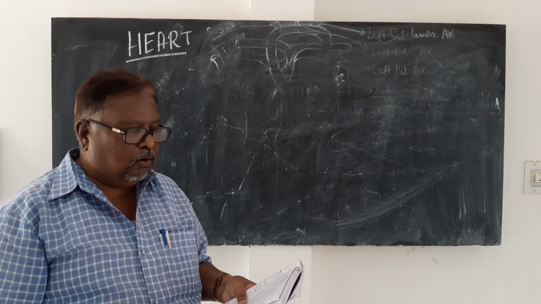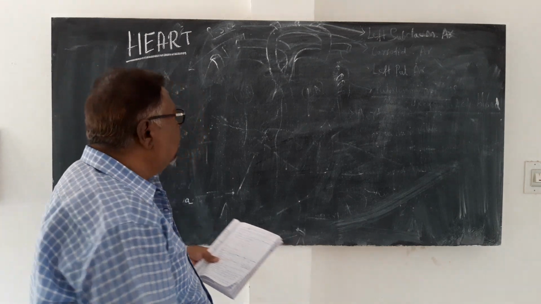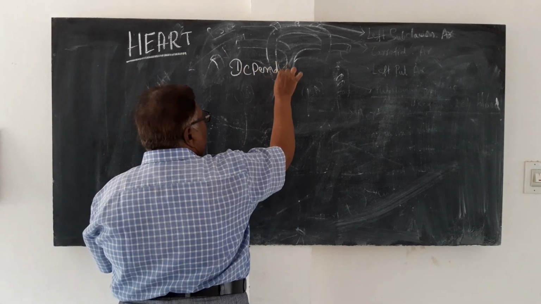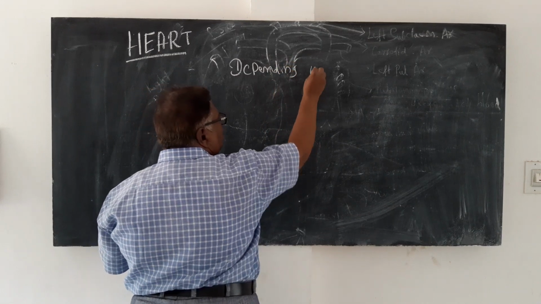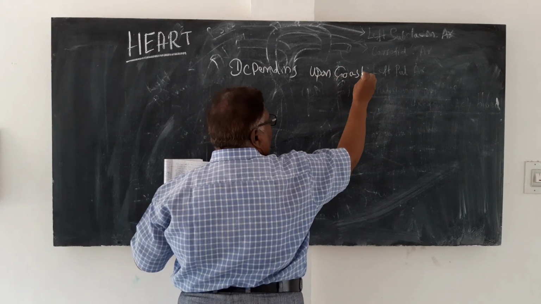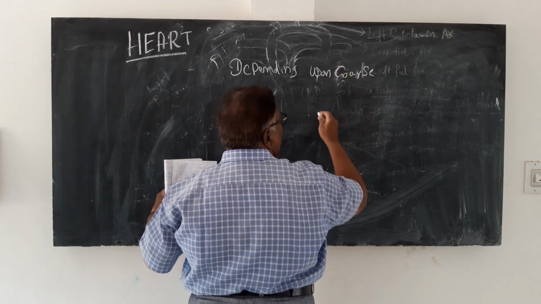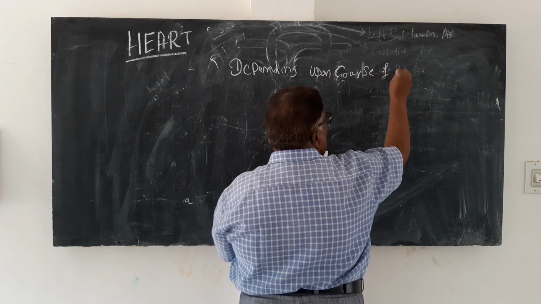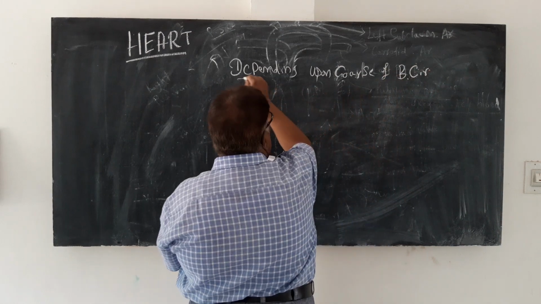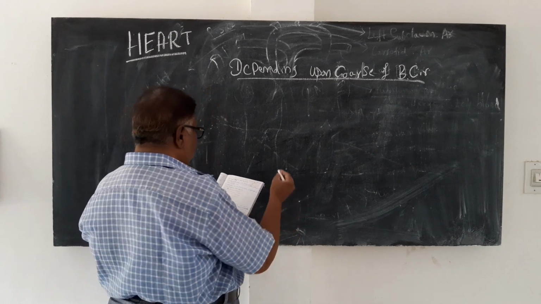Depending upon the course of blood circulation, it can be divided into 4 types.